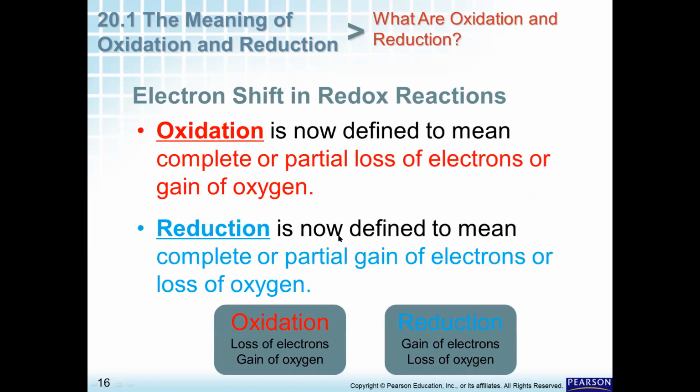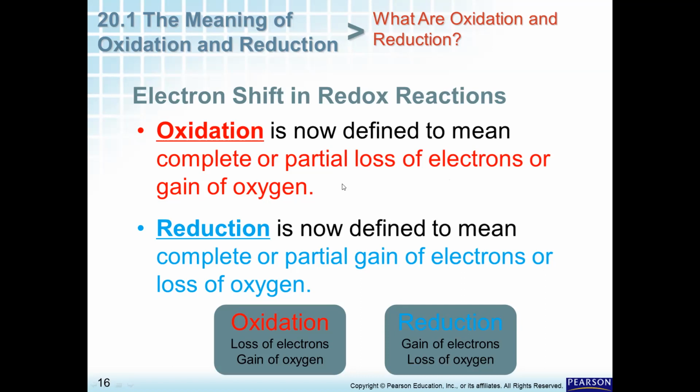That's what we're going to see today. So oxidation is now defined as the complete or partial loss of electrons. Now, what is the meaning of partial? It means shifting of electrons without completely transferring them. We will show you that.